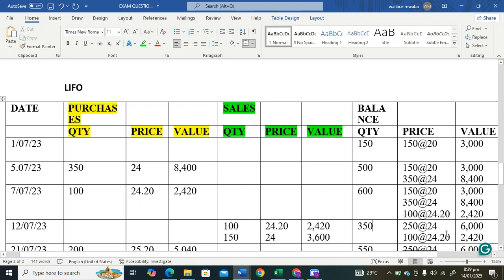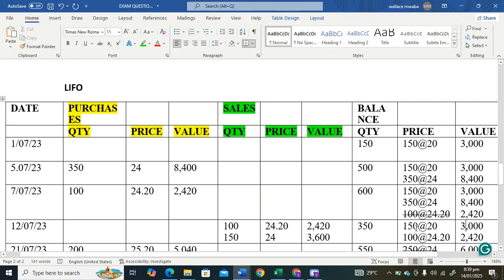So here we are going to remain with 150 goods valued at 20 kwacha. That is 3,000.